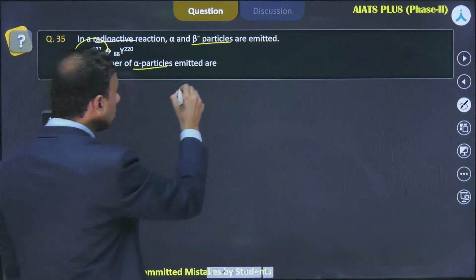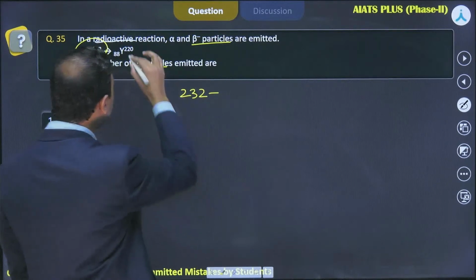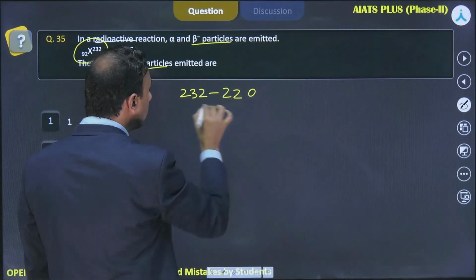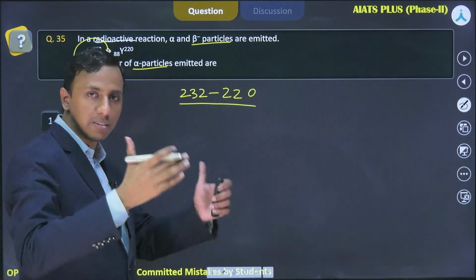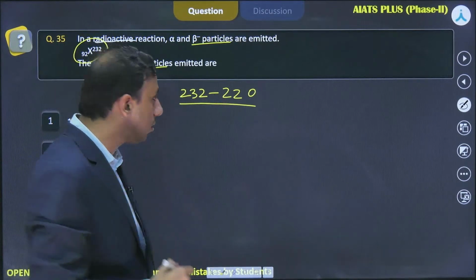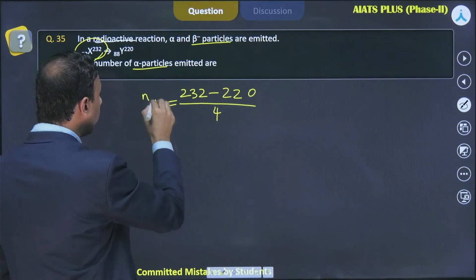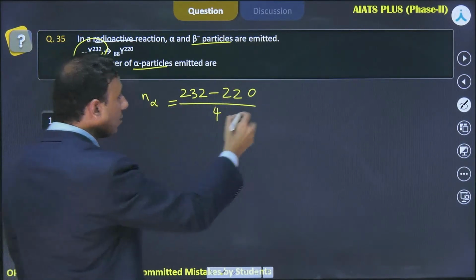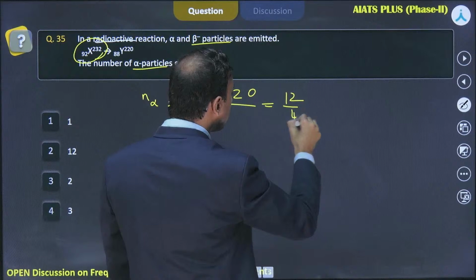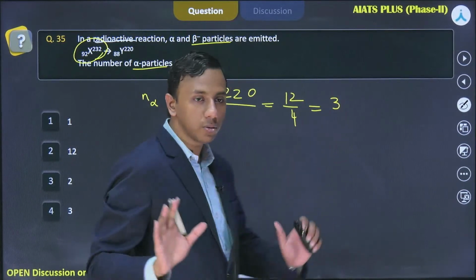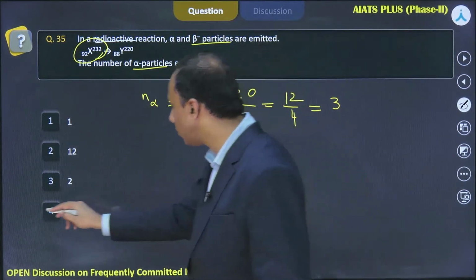Do the subtraction, 232 minus 220. This much it has decreased, you divide it by 4 and you will get the number of alpha particles. So 12 by 4 is equal to 3, right? So the answer would be 3.